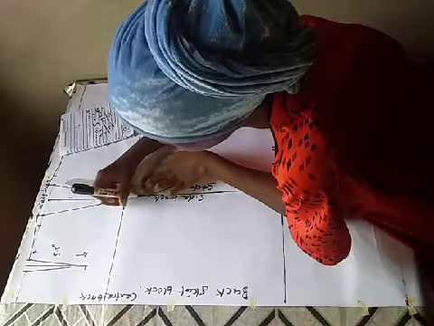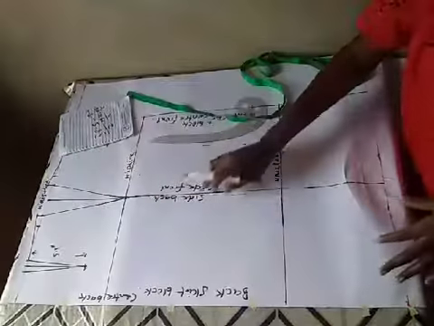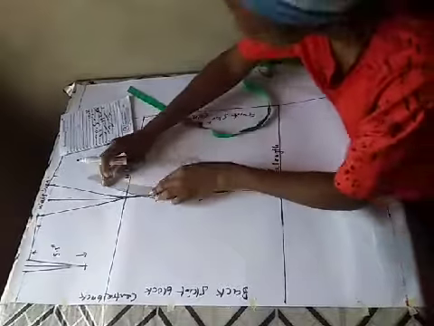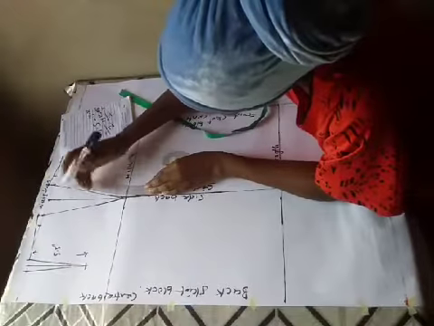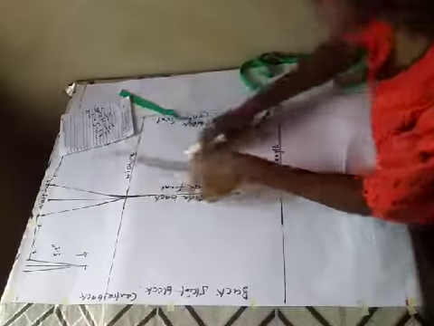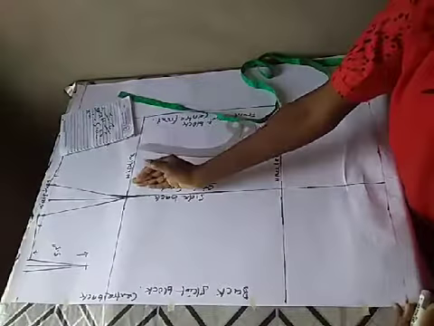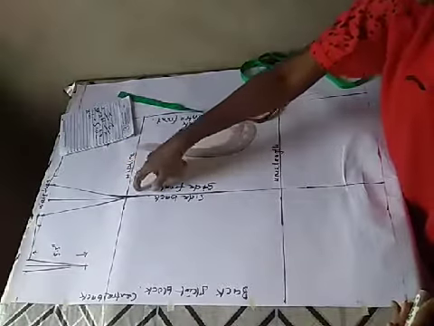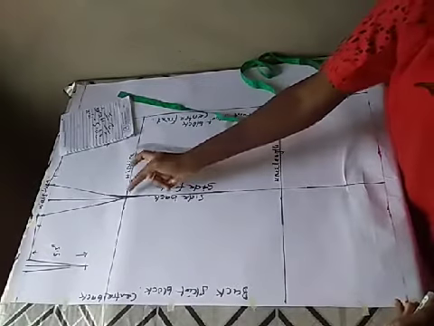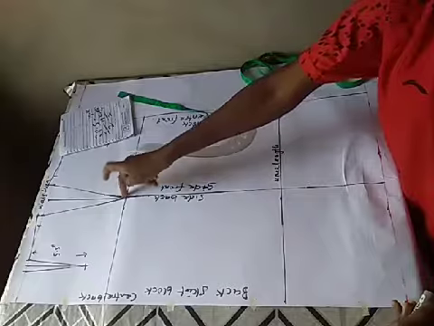So something like this. Sorry, you might not really see the difference because I'm using a marker, but if you're using a pencil, you will see that it has eliminated a little bit of sharpness around here.